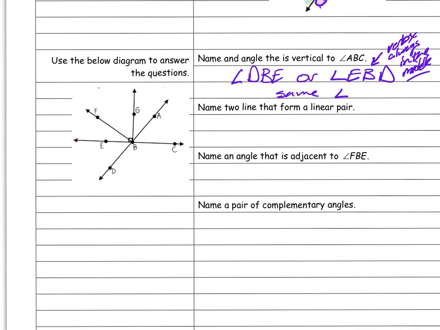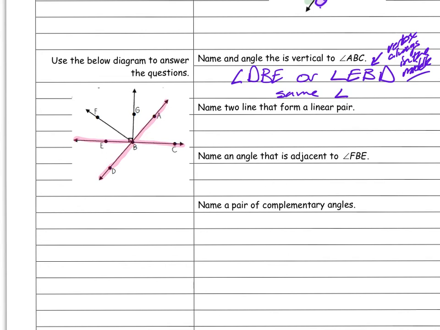So here we go. Name two lines that form a linear pair. So linear pair means what? I need 2 lines. Okay, I think I had already highlighted those lines. So I have this line and this line.